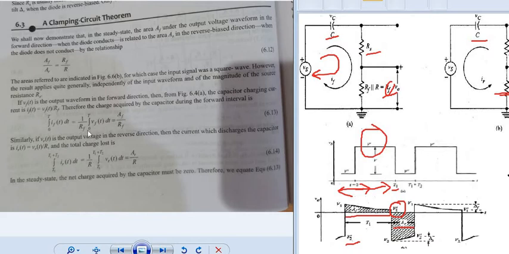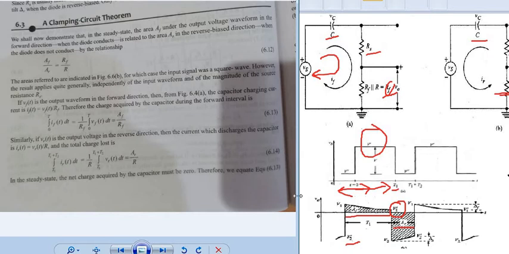So I will take the constant value outside and integrate 0 to t of VF of t dt. This particular part I am giving as a constant AF. So the current produced in the forward direction can be obtained as AF divided by Rf.